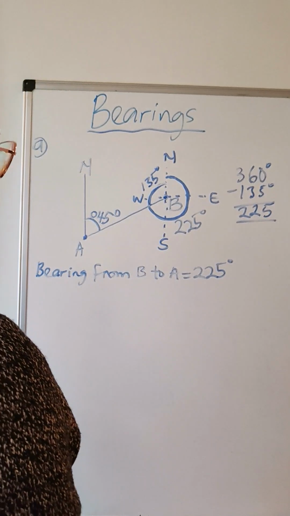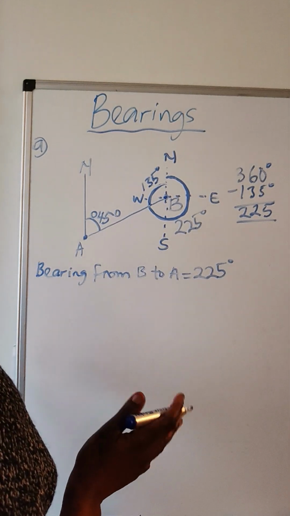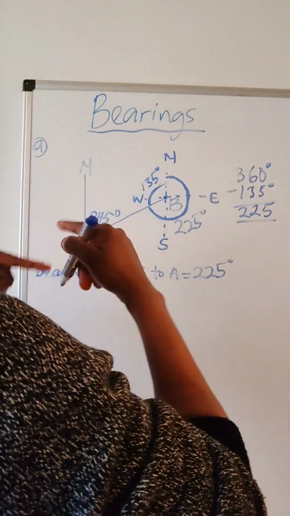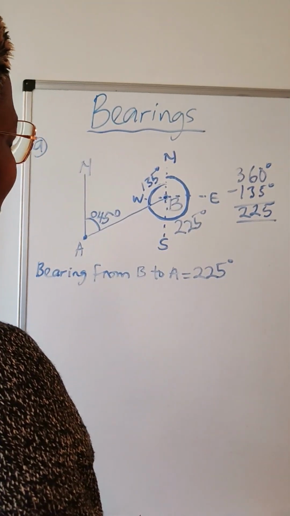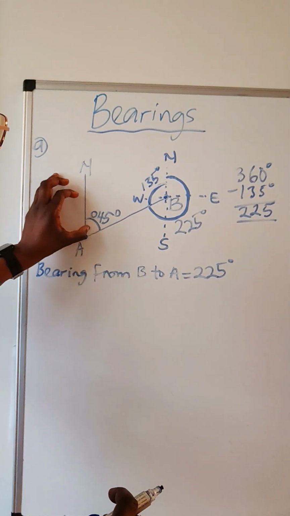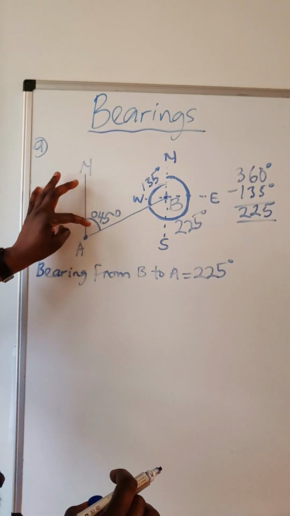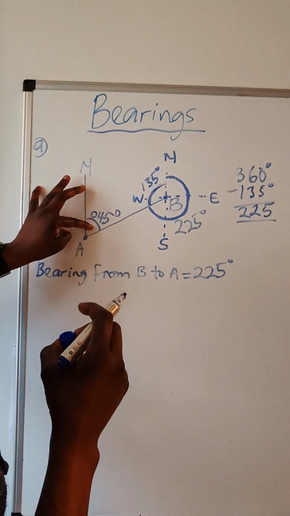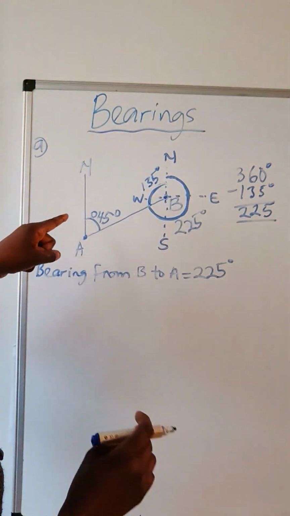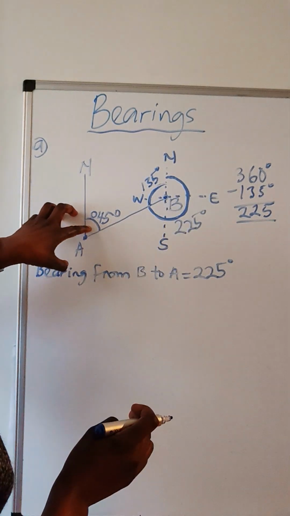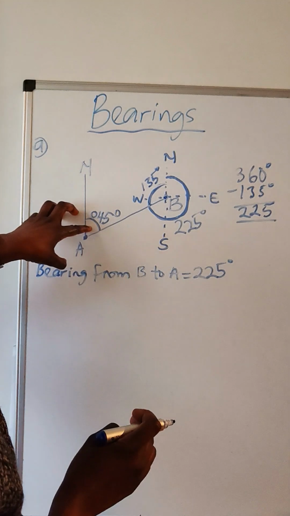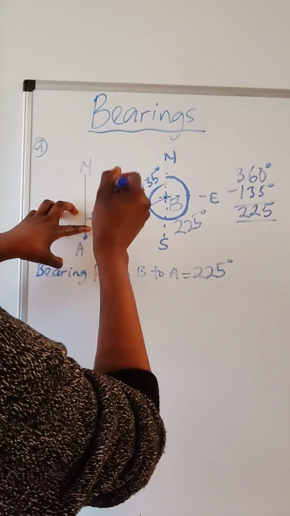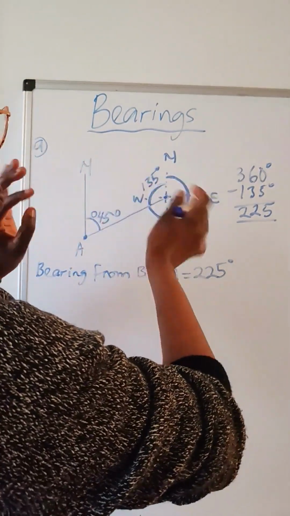So the bearing from B to A is 225 degrees. There is another method for getting the bearing from B to A, or you call it the bearing of A from B. Since we have the bearing of B from A to be 45 degrees, the bearing of A from B is the reverse bearing.